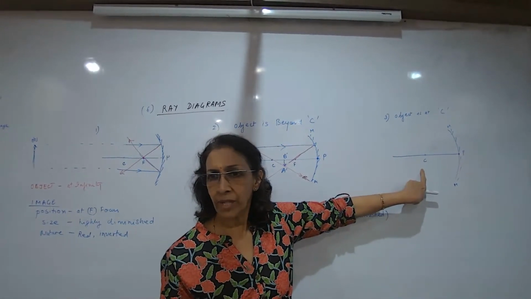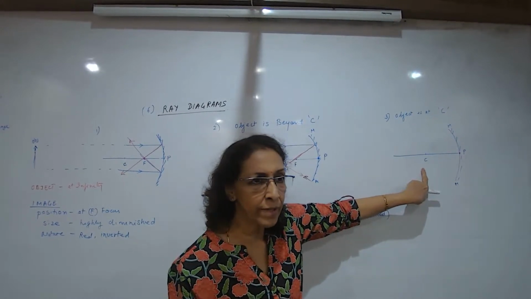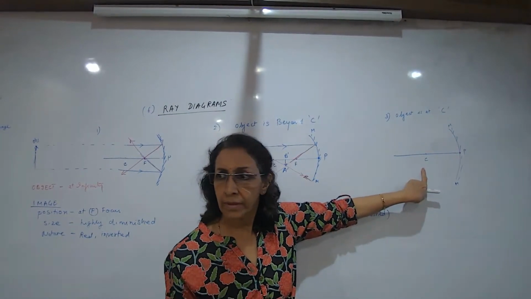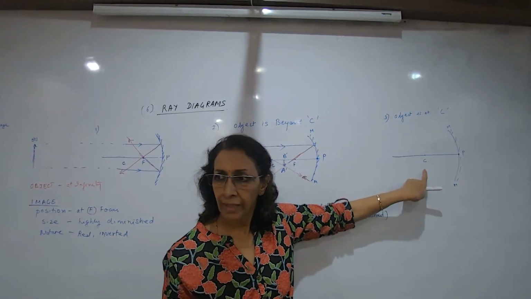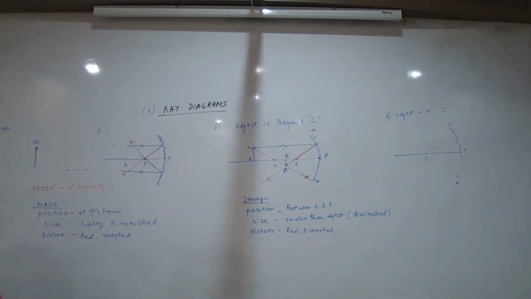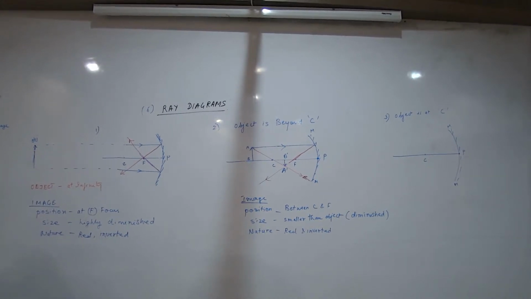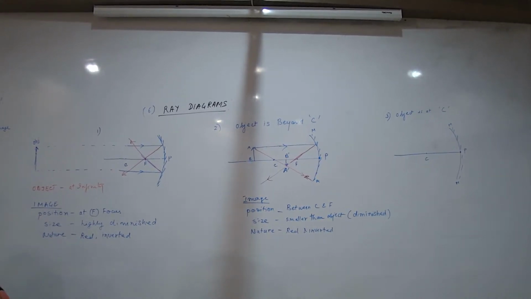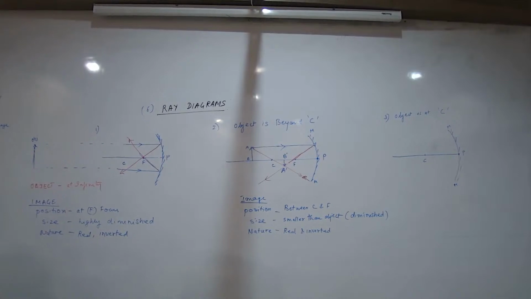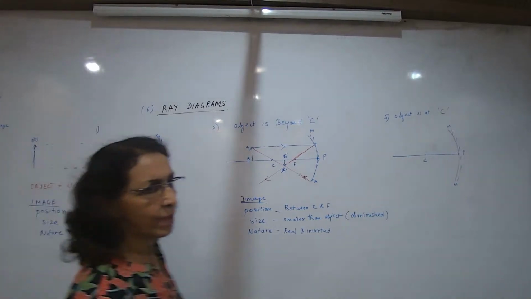What does it tell you about the center of curvature? Why do we call it a center of curvature? Think of how the mirror is made. It is the center of the sphere of which the mirror is a part.